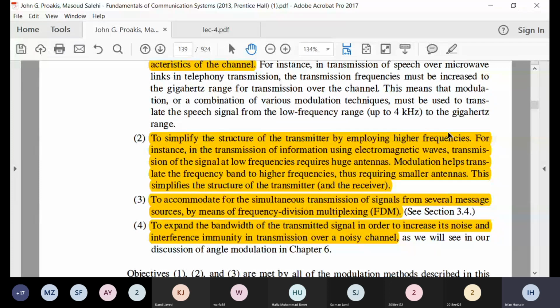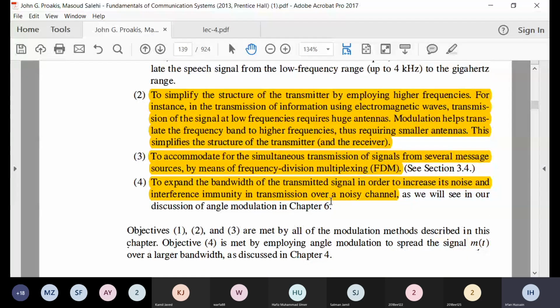Their lengths roughly depend on the order of lambda, lambda over 2, lambda over 10, and something like that. But if you have lower frequency, you have very high lambda, and high lambda means you will need very large antenna structures. But if you take them to high frequencies, that will have small wavelength, and a small wavelength will require small antennas, which you can send with less infrastructure cost. So this also simplifies the structure. You don't need a large structure to get the signal.